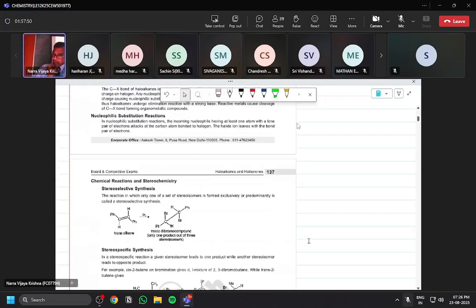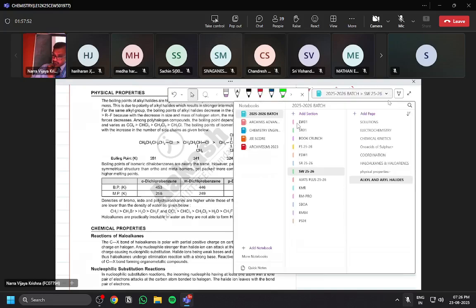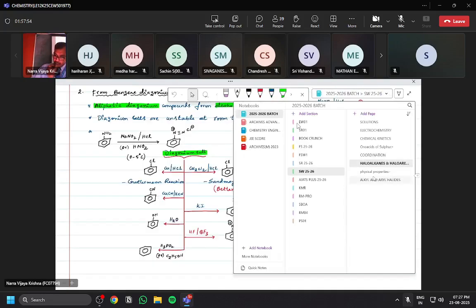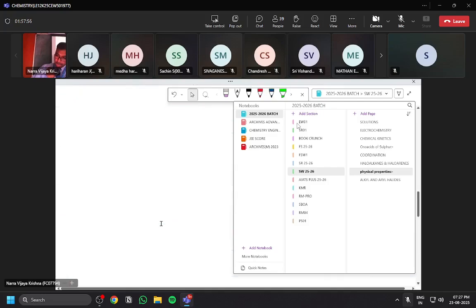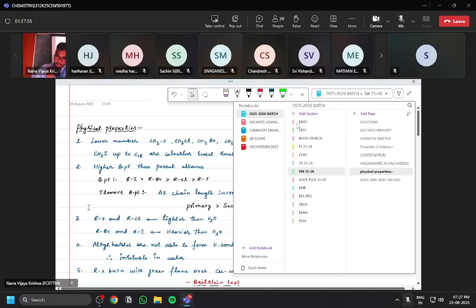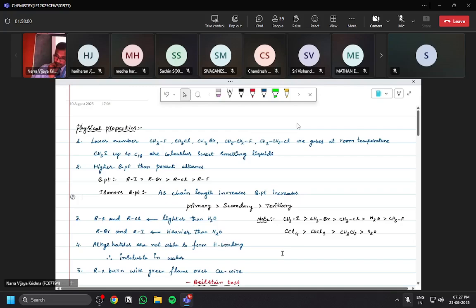Isopropyl chloride. Oh, liquid. Okay. Up to ethyl chloride, fluoride, chloride, bromide, ethyl chloride are gases at room temperature.